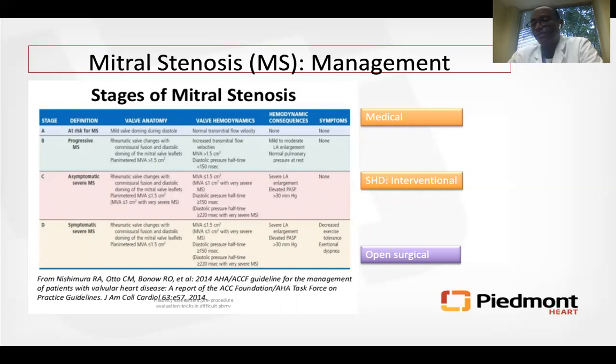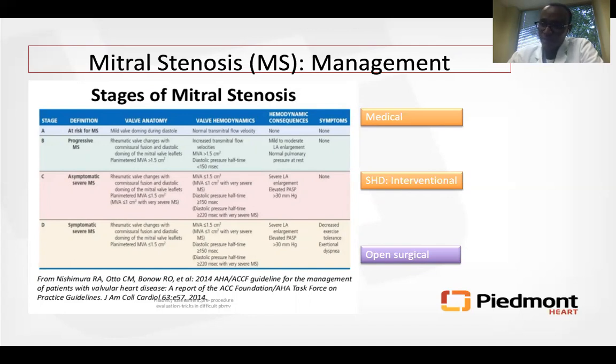Therefore, if for some reason this patient gets tachycardic, if they have a fast heart rate, the diastolic time will be compromised. Therefore, they will not have time to fill the ventricle. Therefore, they will develop flash pulmonary edema. Therefore, it's very, very important that we slow them down, give them some diastolic time to fill the ventricle.